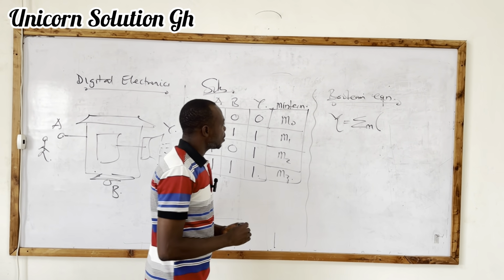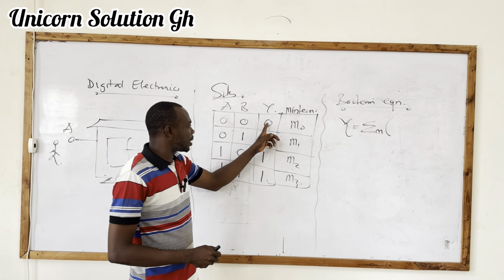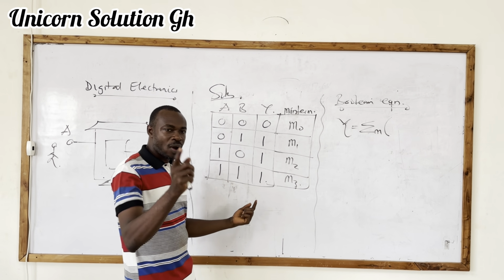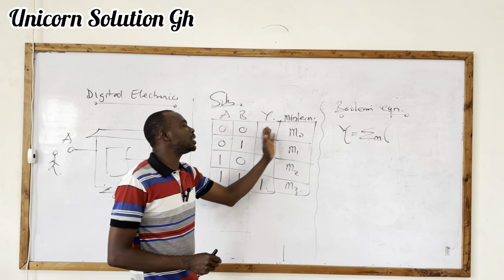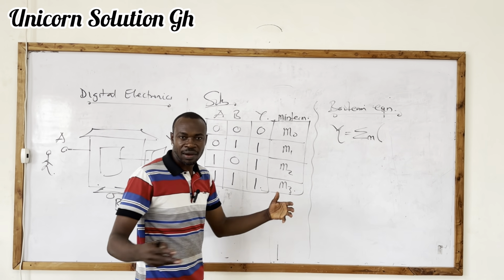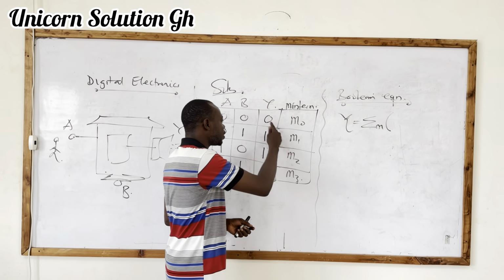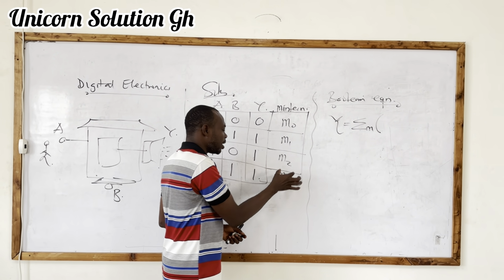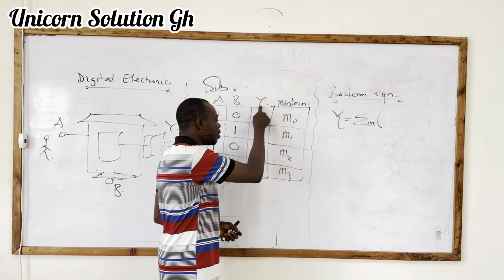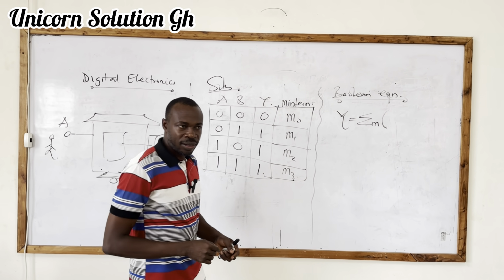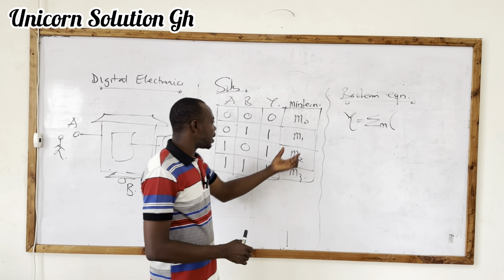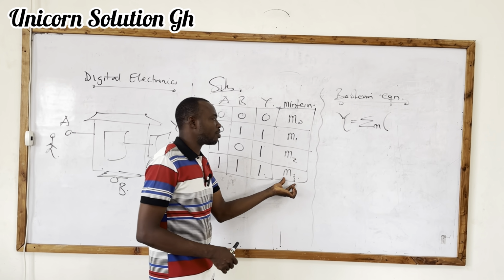But what are they? We say that always we look at the answers for Y. Where Y is 0, we don't include such a min term in our summation. But we are going to concentrate on all the min terms of which the value of Y is 1. So definitely we are going to add M1, M2, and M3.